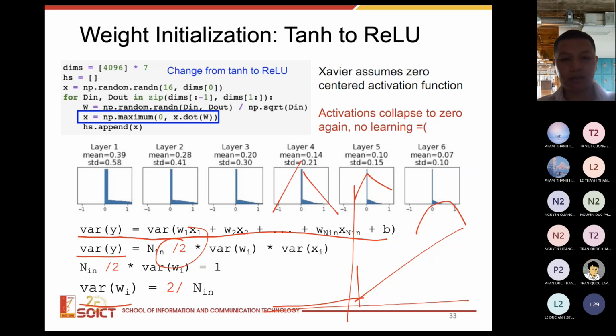Sorry, somehow I misunderstood the figure. In this case, you see the change in terms of variation with the Xavier initialization scheme, right? It becomes smaller, and then it's very small at the last layer, right?